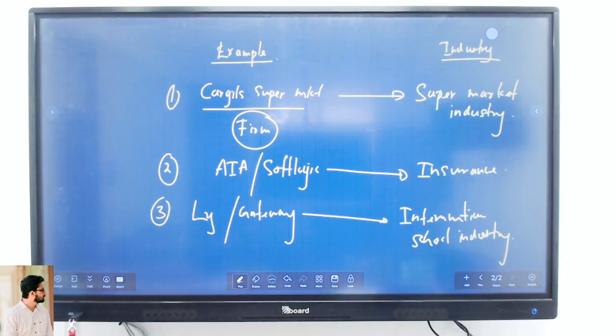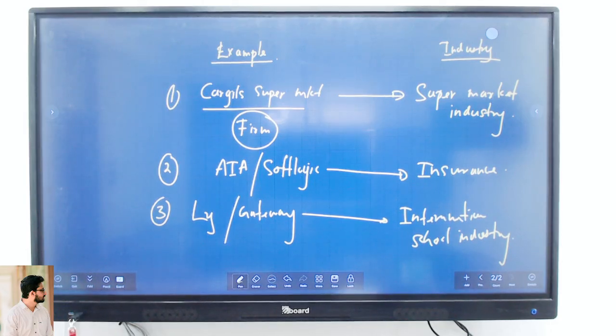Example, supermarket industry, all supermarkets provide the same service. Banking industry consists of commercial banks which provide the same service, banking or financial intermediation.